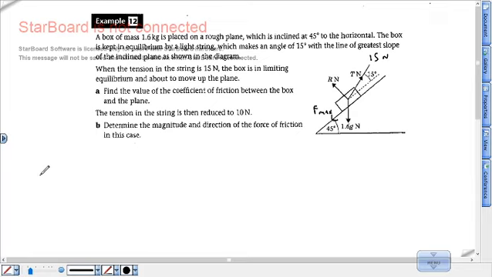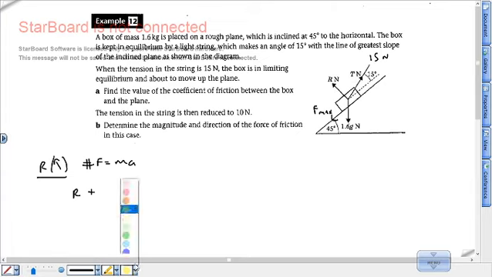Here we go. We're going to resolve perpendicular to the plane, using net forces equals ma, and we end up with R plus the component of the tension, which is 15, and it'll be sin. I ought to draw that on. So we componentalize the tension. You've got a bit going like that and a bit going like that.